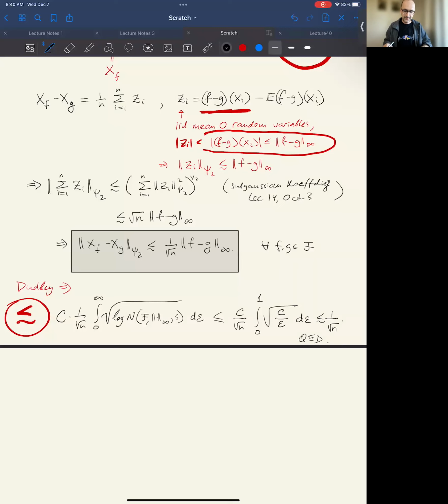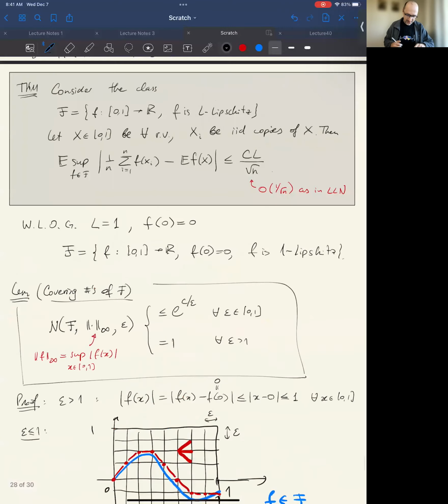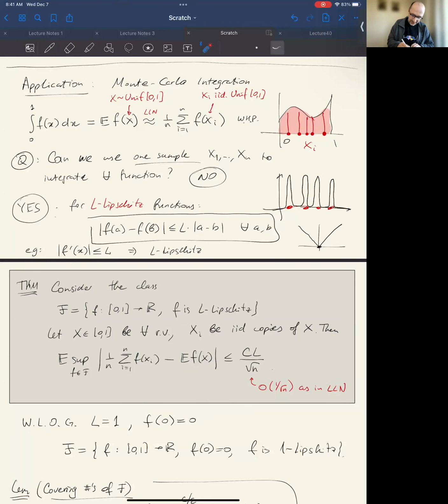So we proved this theorem. Any questions? Good. Let's look at the theorem that we have proved. This one is a non-trivial one. We look at a class of all Lipschitz functions, and we can learn any Lipschitz function from the same sample.